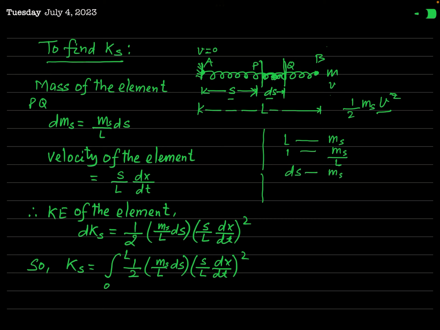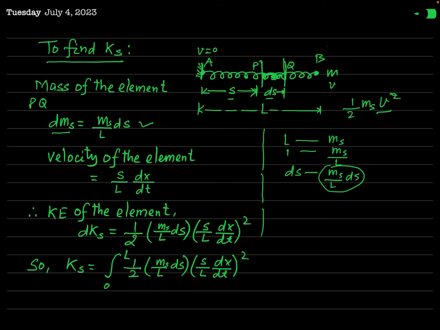This will be ms divided by L into ds. This is actually the mass of this element. So I have written here, mass of the element PQ, which is dms, equal to ms divided by L into ds. Okay, have you understood or not? Definitely you have understood.